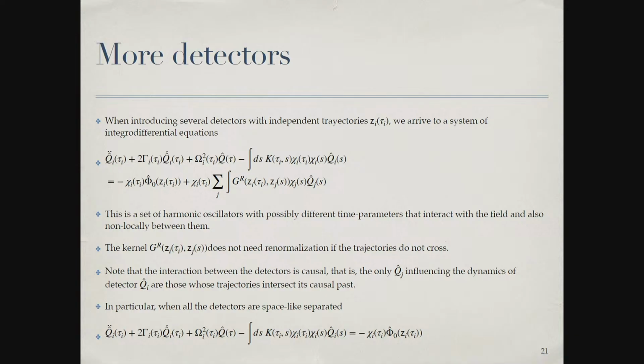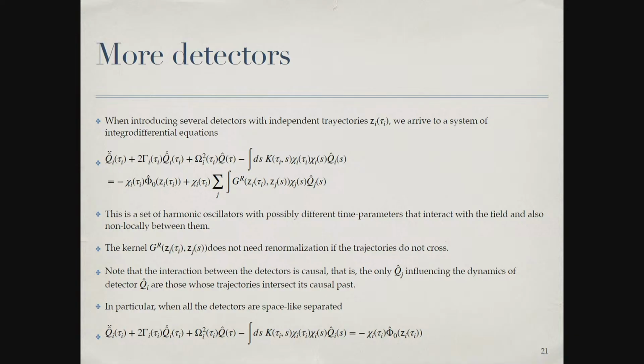And note that because we have a retarded propagator here, and these localized switching functions, all this interaction between the detectors, though retarded, is local. That is, if I have a detector Qi, the only Qj influencing its dynamics are those whose trajectories intersect its causal path.